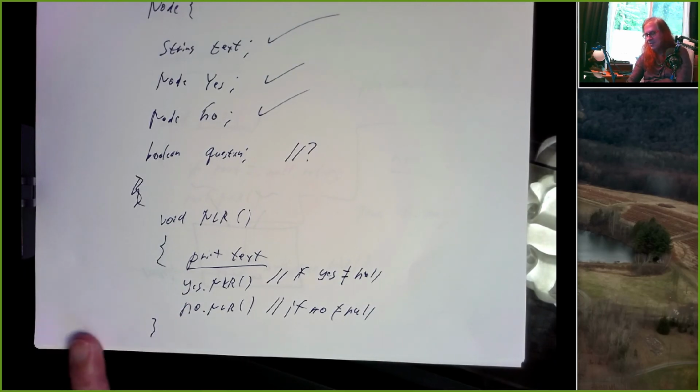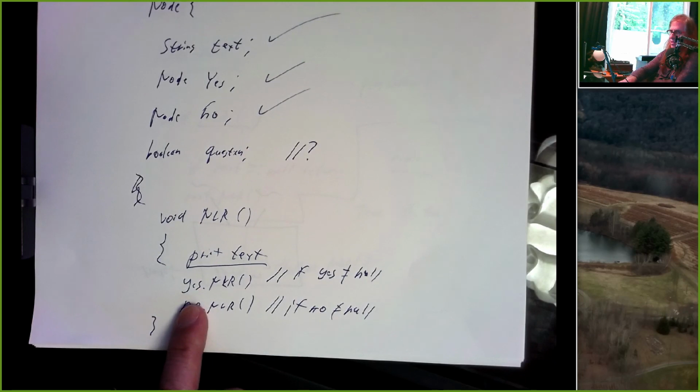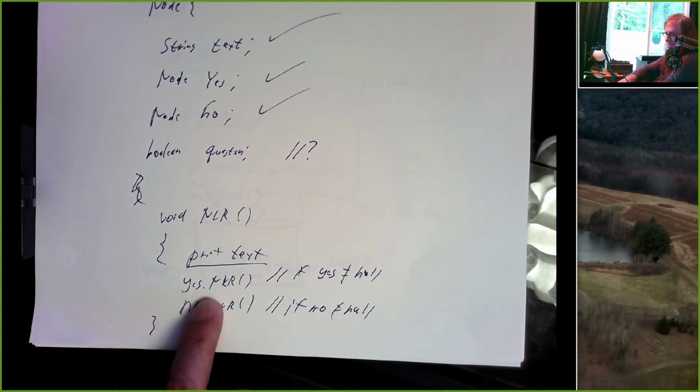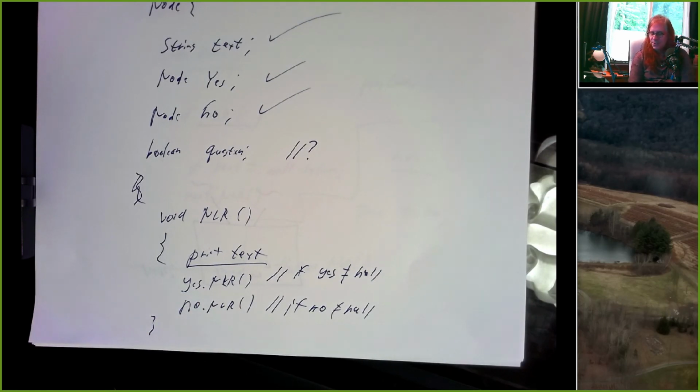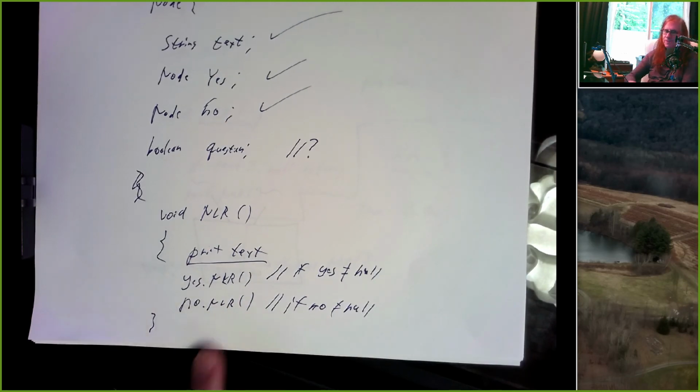So we would say NLR parentheses, root arrow left, or root arrow yes. But with objects, we just say the name of that root arrow yes, which is just yes, dot, and then the method we want to run. But it's really doing the same thing as saying print the data, traverse root arrow yes, traverse root arrow no.